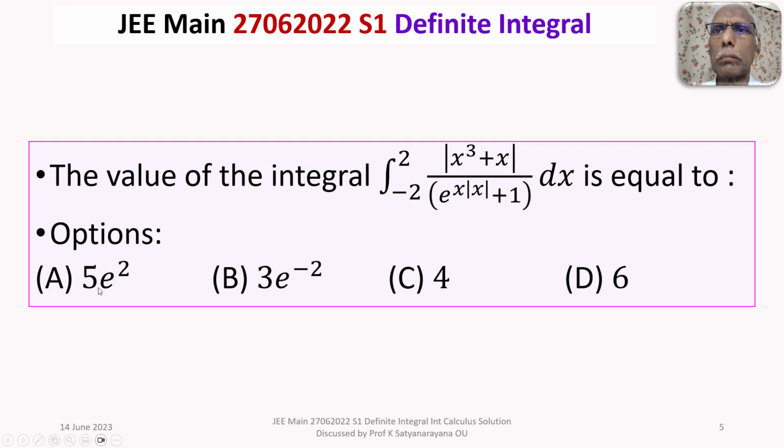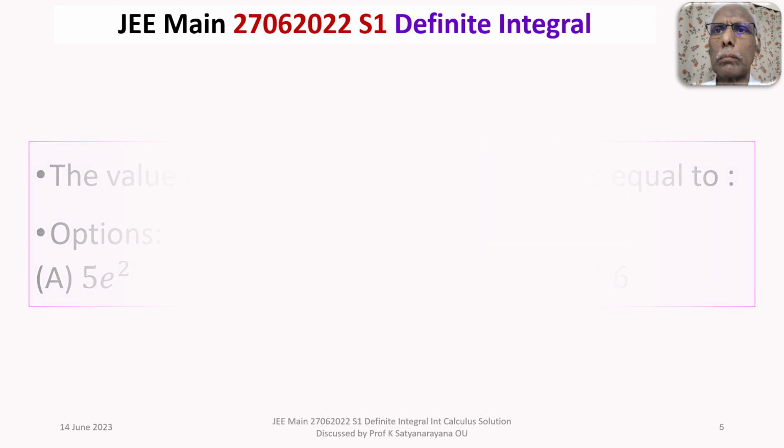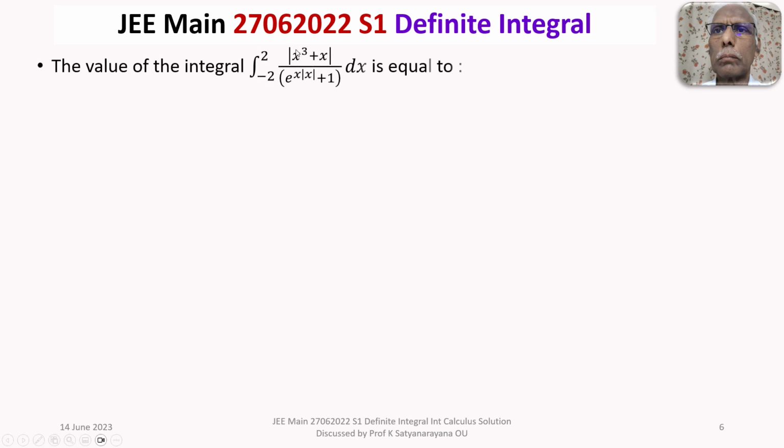Option A 5e square, option B 3e power minus 2, option C 4, option D 6. We are given a definite integral and we are asked to evaluate this and find the value of this integral. That is the given question to us.